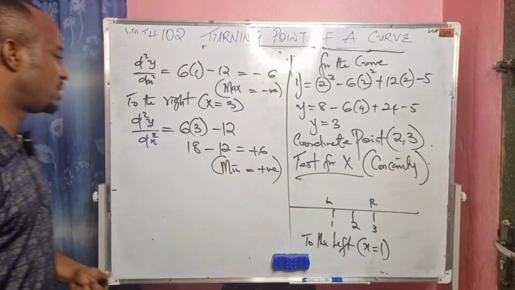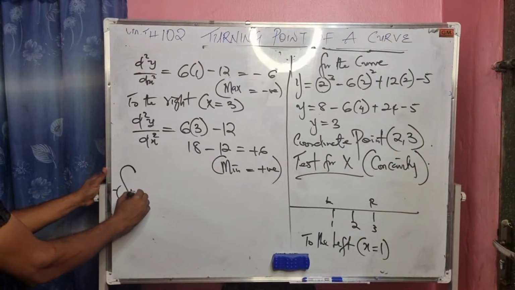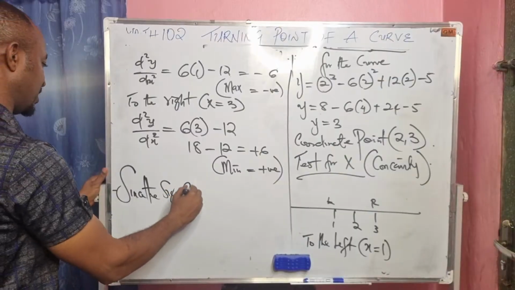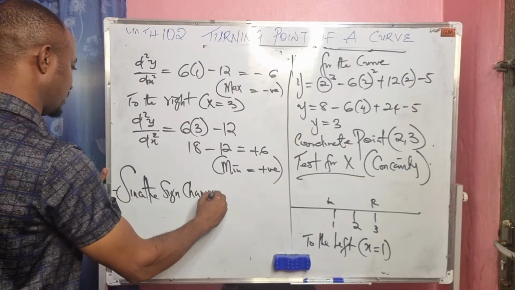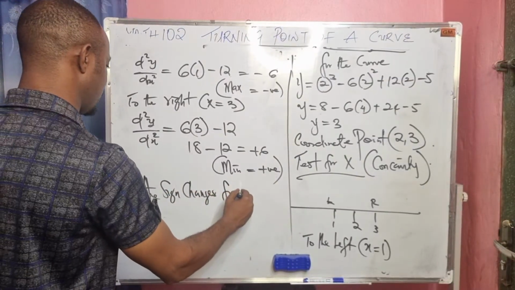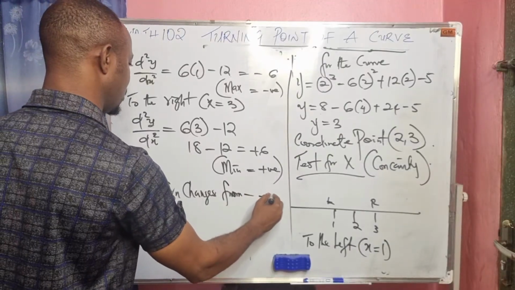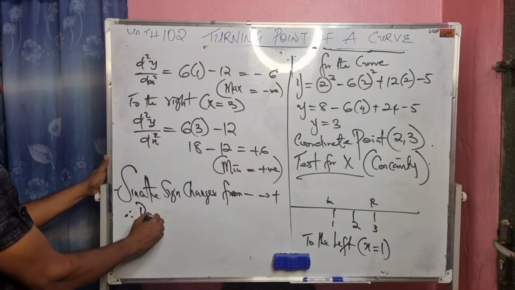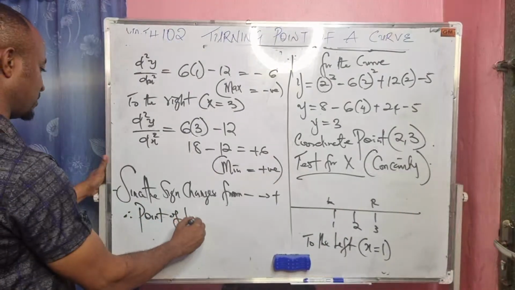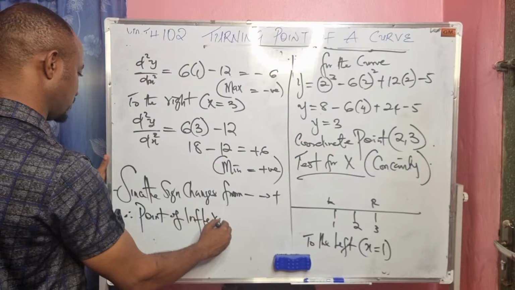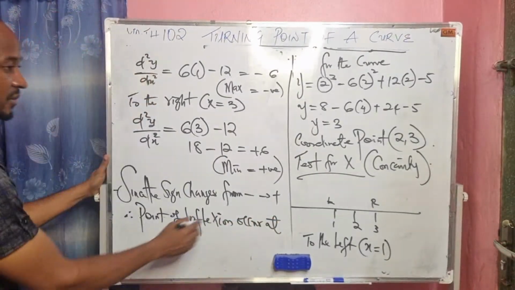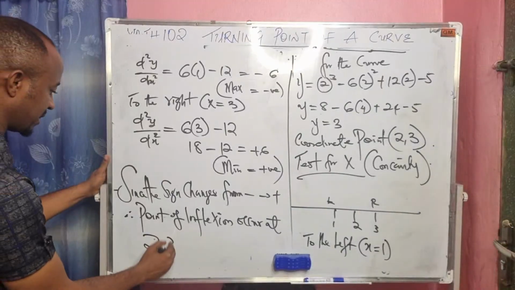At (2, 3). Since the sign changes from negative to positive, therefore the point of inflection occurs at (2, 3).